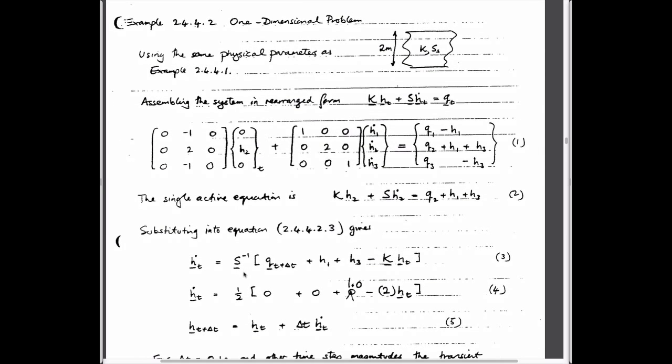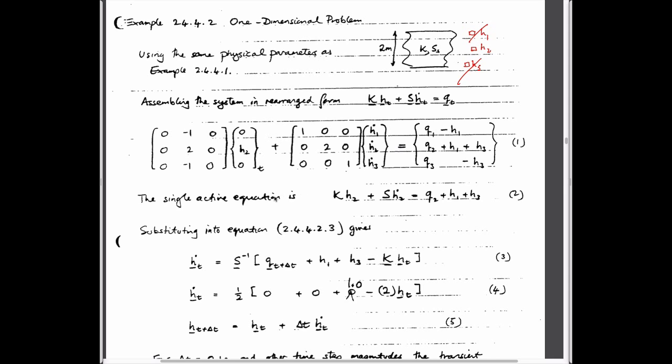So let's look at the system that we had before. What does it look like? We did this manipulation. You asked questions about why this has changed, but this is in its modified form. Again, we only have one degree of freedom, which is this middle node H2, because H1 and H3 are prescribed. So we don't have to change these.